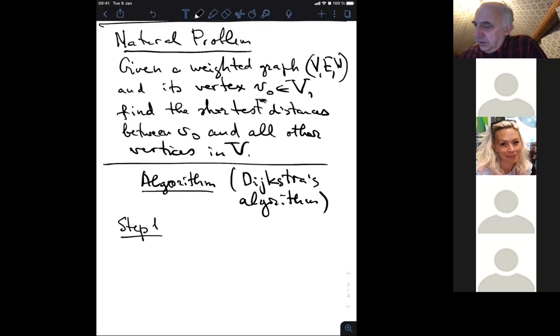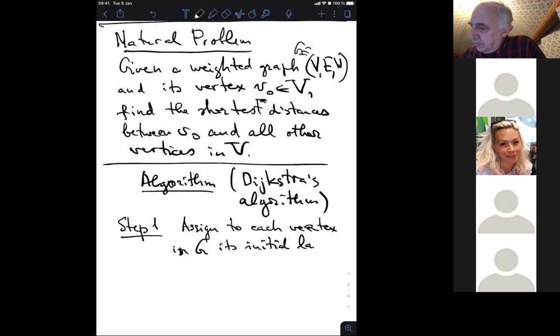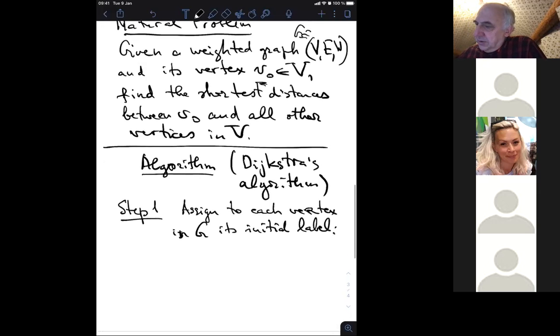Okay, so step one: assign to each vertex in G, let me call this graph G, its initial label in the following manner. V0 will get the label star and 0.